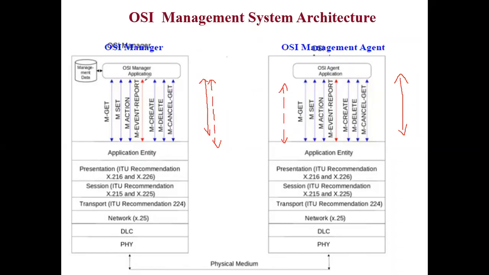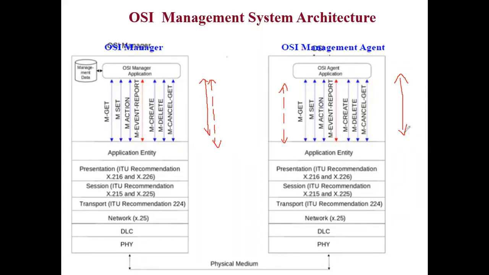The OSI manager is not generating the M event report, so that's why it is drawn by a dashed line. Whereas the agent is not generating the remaining 6 commands. It is only generating the M event report. So whoever is generating that command, there we are drawing a solid line.